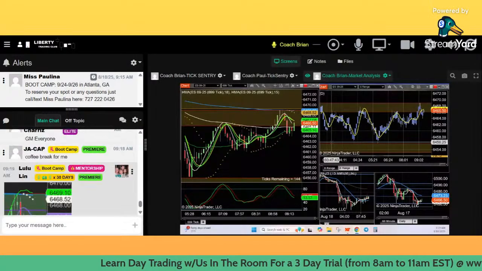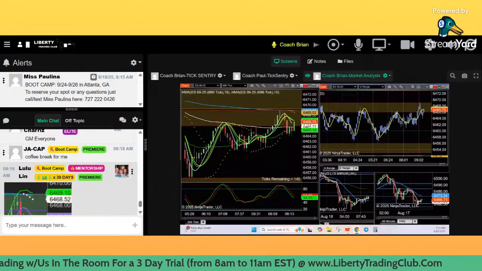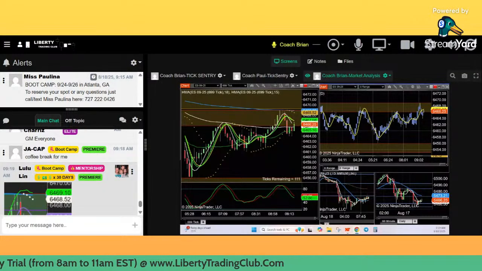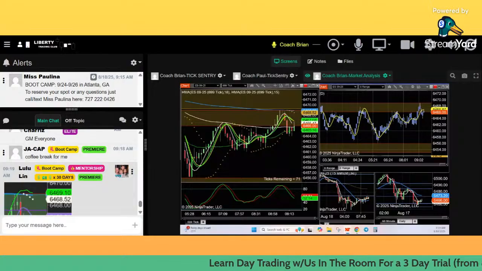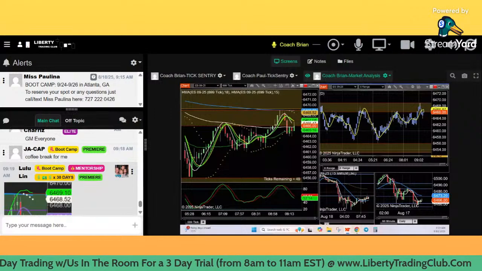If I tell you what I'm going to do on Tick Sentry, usually I plan that in advance and say, okay, this looks like decent reversal territory. I'll turn on the reversal line, or I like the money line trade, which is just a retrace to this and continuation with a trend, or continuation of momentum trade. All right.